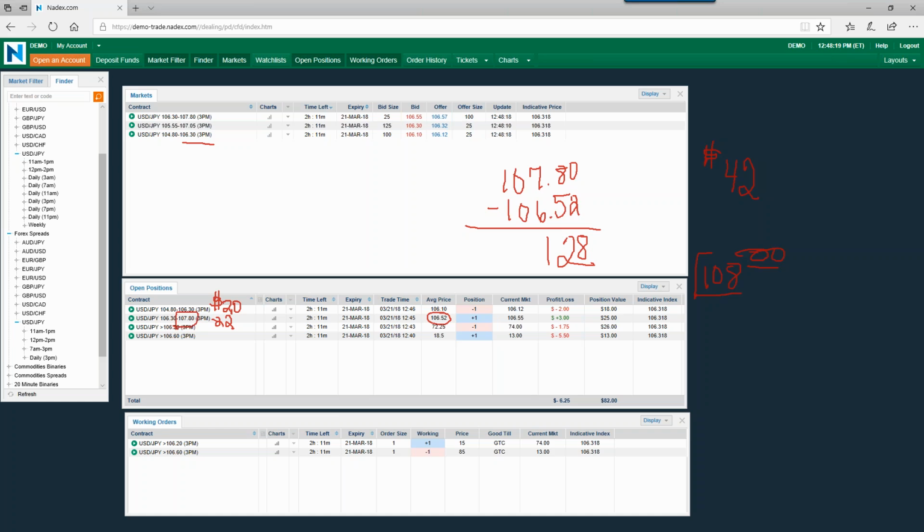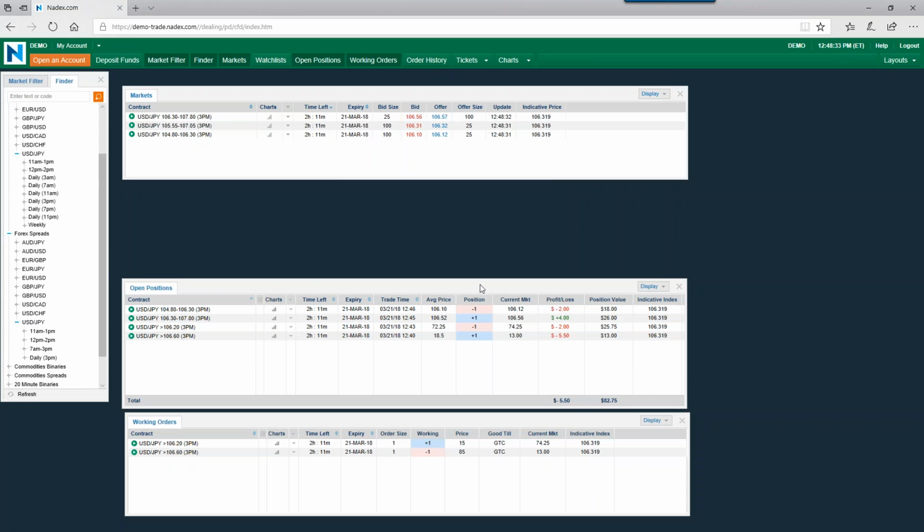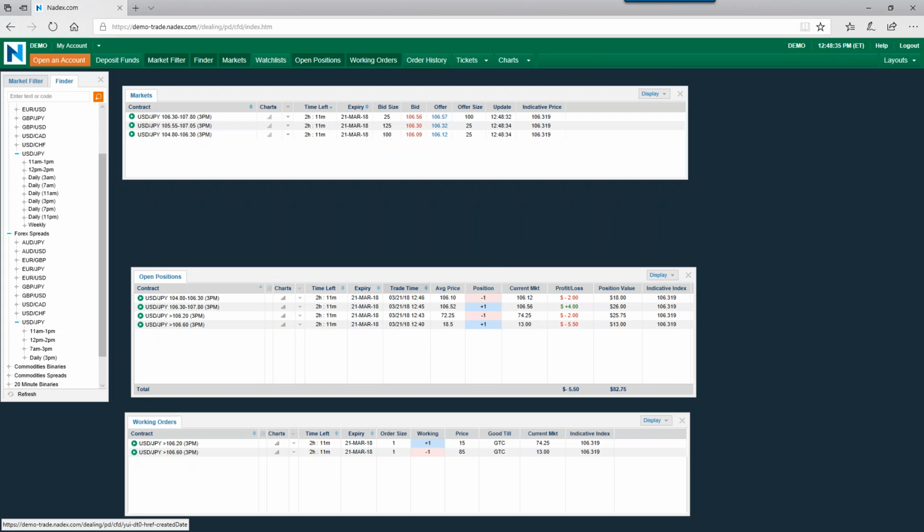Okay? Now, do you have to stick to all binaries or all spreads? No. You can actually mix and match them. Okay? For example, and we're going to do another one. And again, I just want to remind you, this is for educational purposes only.